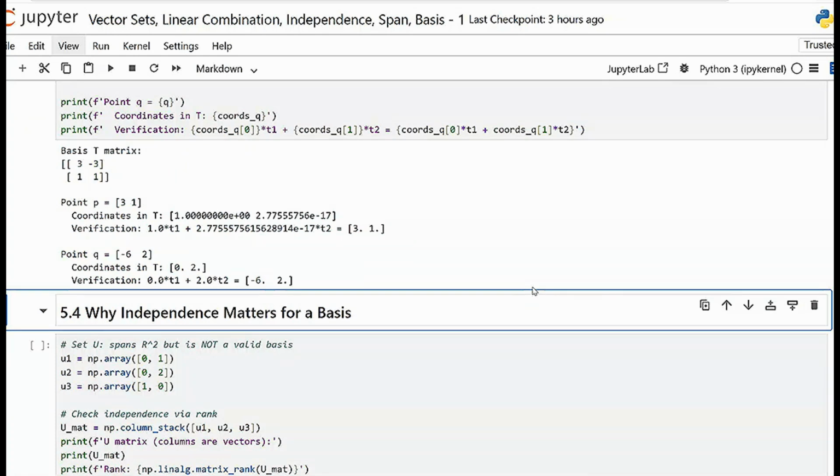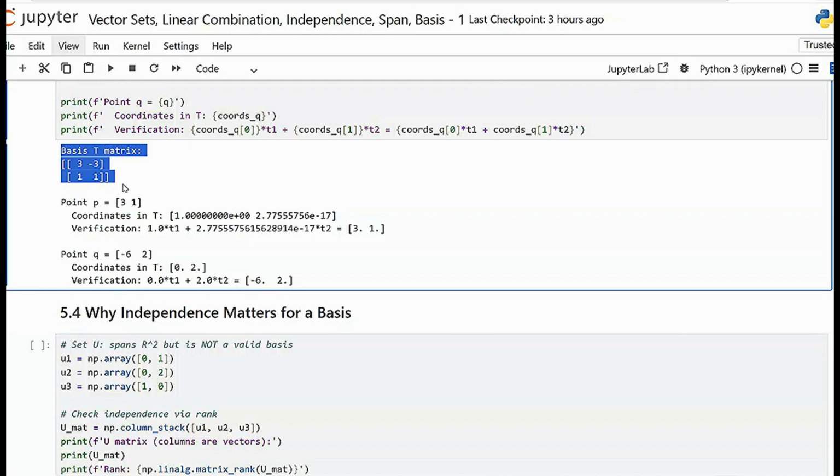Observe dear friends, on changing the basis, let me solve the linear system.